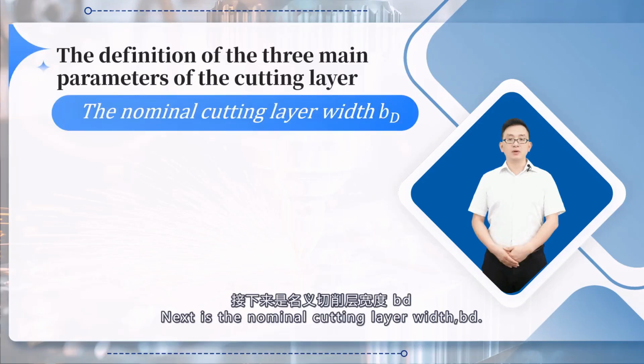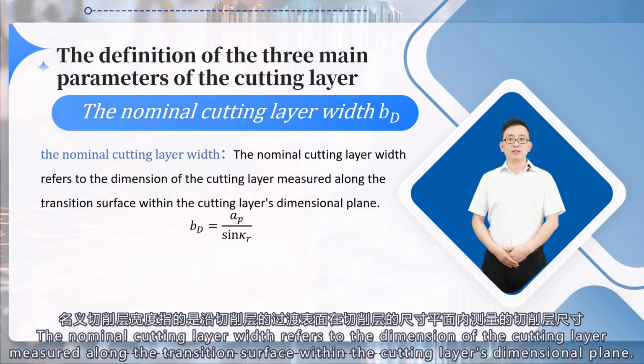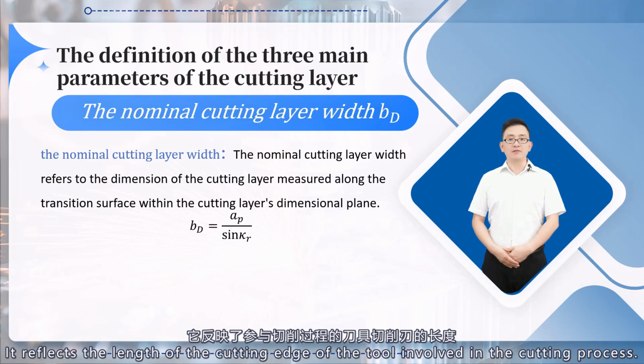Next is the nominal cutting layer width, BD. The nominal cutting layer width refers to the dimension of the cutting layer measured along the transition surface within the cutting layer's dimensional plane. It reflects the length of the cutting edge of the tool involved in the cutting process.